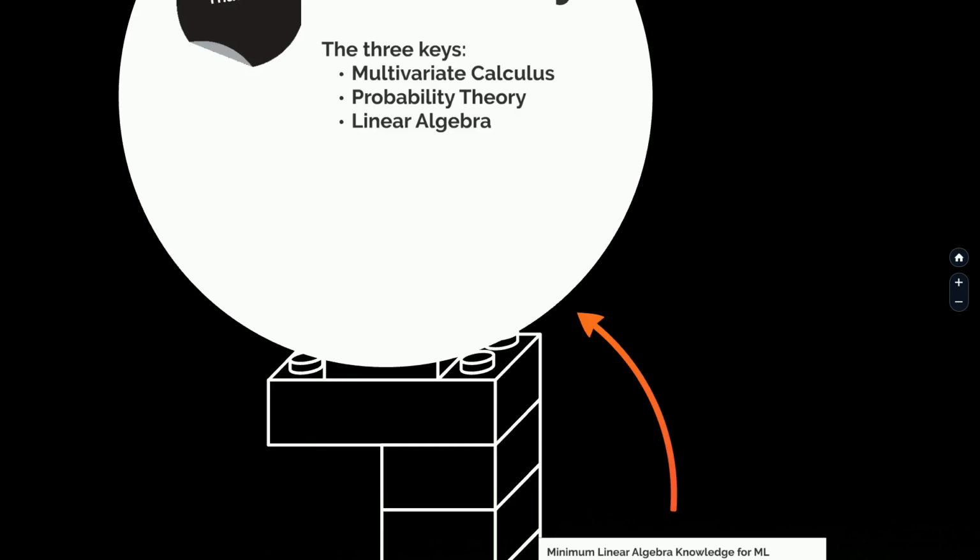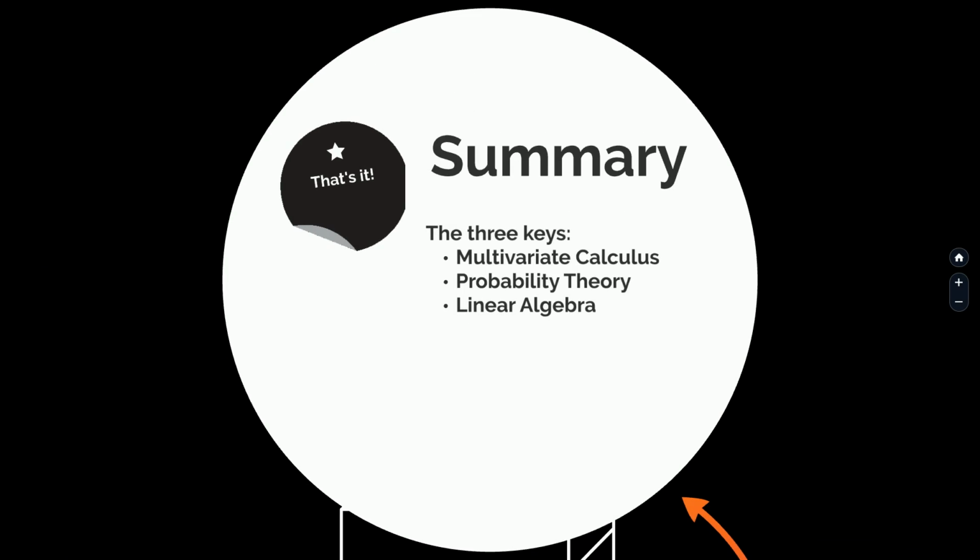So here we have a quick summary. The 3 keys. 1, multivariate calculus. You have to know calculus because we're working with smoothing problems, optimization problems using gradient descent and error minimization, and we're also doing summations and integrations when we're solving for our probabilities. You have to know probability theory because, again, machine learning is based in statistics.